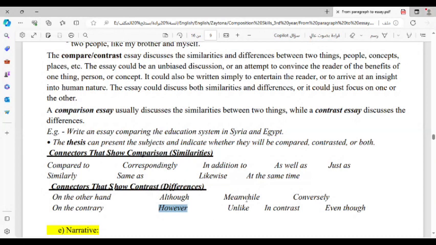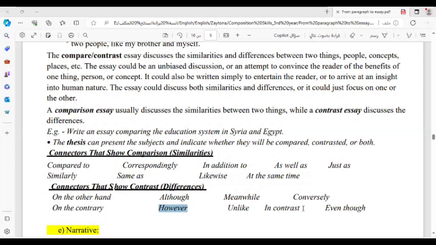We have this word, meanwhile. We can use it when we want to contrast two things, especially if they are completely different. Can you give me an example, Ahmed, or Amina, I think?